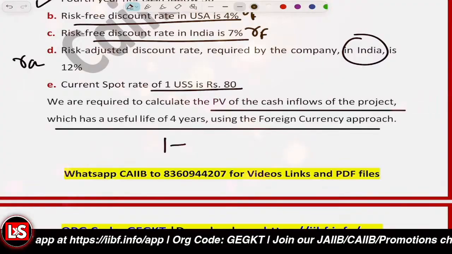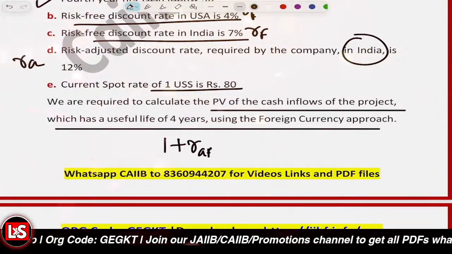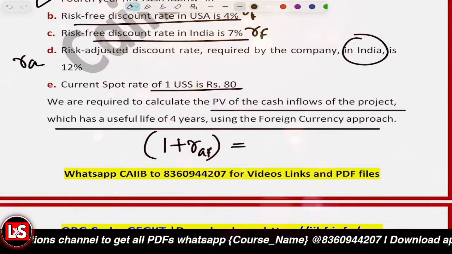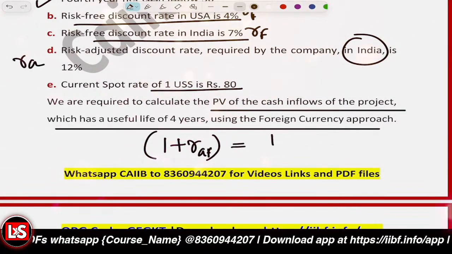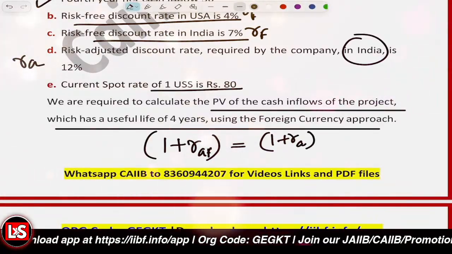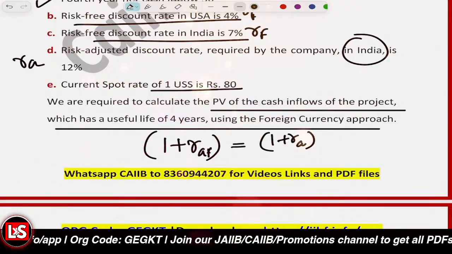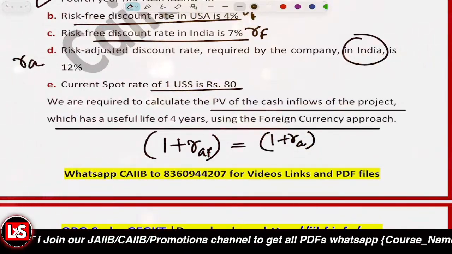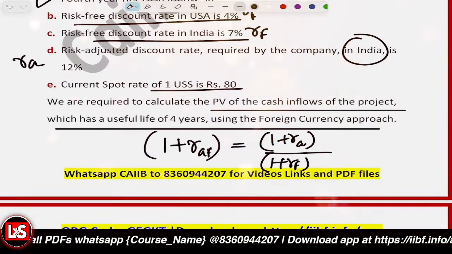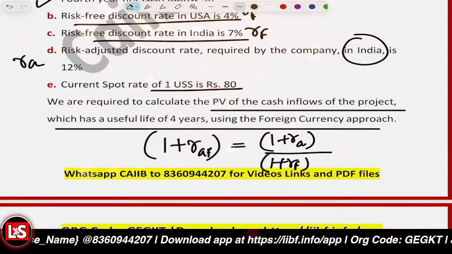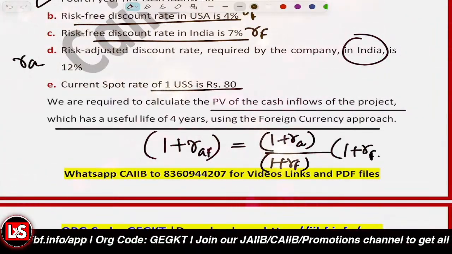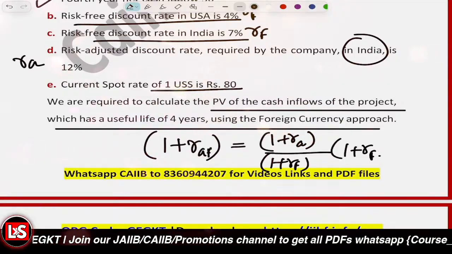It will be 1 plus RAF, and I'm writing RAF because it's the foreign currency risk adjusted rate that we have to calculate, is equal to 1 plus RA, the domestic country risk adjusted rate, given to be 12%, divided by 1 plus RF for the domestic country, the risk free rate, and further multiplied by 1 plus RF for the foreign country. So we are writing RFF over here.